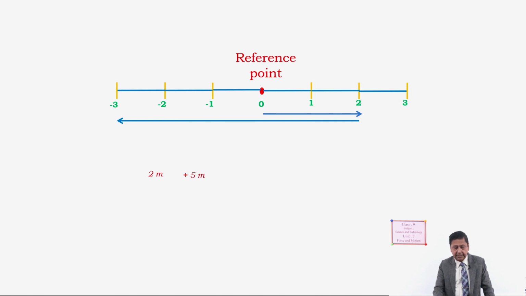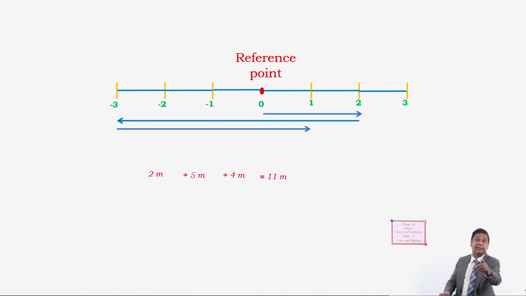If the body is continuously moving and it returns back, and if it reaches this mark 1, then again it covers 1, 2, 3, 4 meter distance towards the right hand side. Now altogether the length of the path covered by the body is 2 meter plus 5 meter plus 4 meter. This is equal to what? 11 meter.